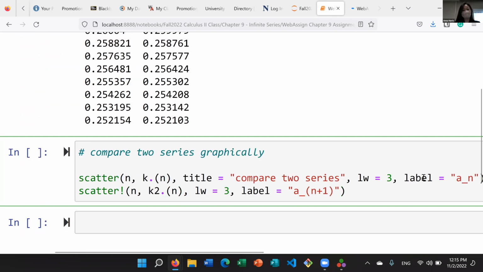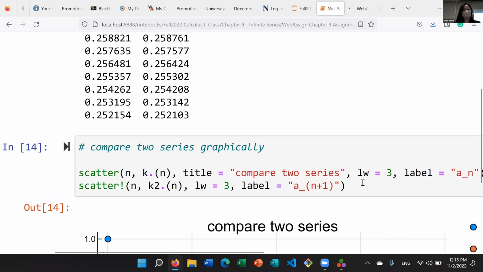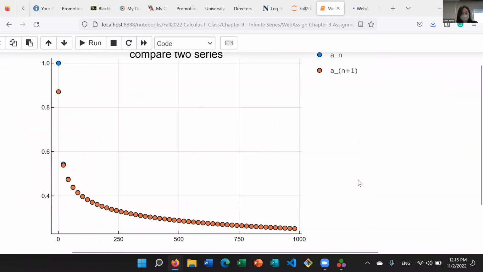All right, let's graph. There are so many points that it's kind of hard to tell; they look very alike. But the important one is the very first one. Look at it and you can see the difference. A sub n is much bigger than a sub n plus 1.